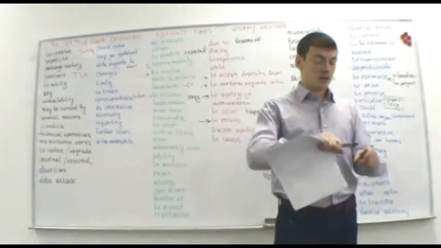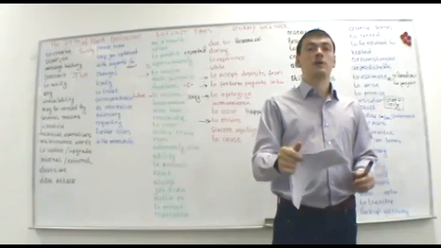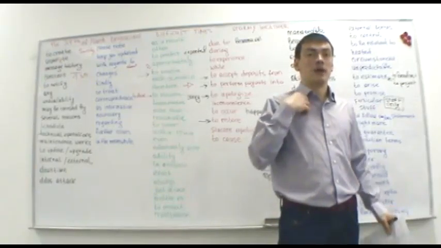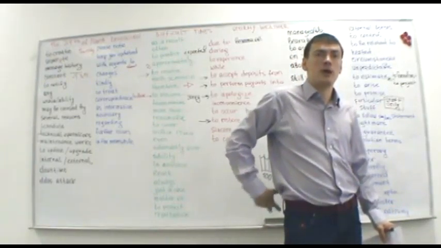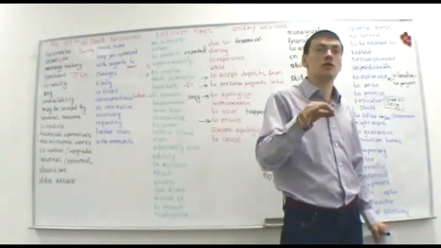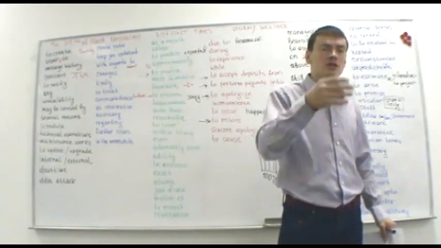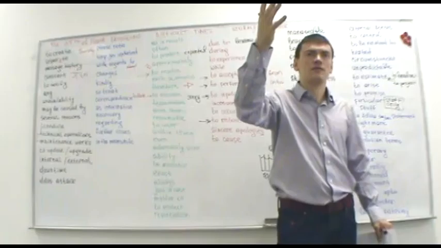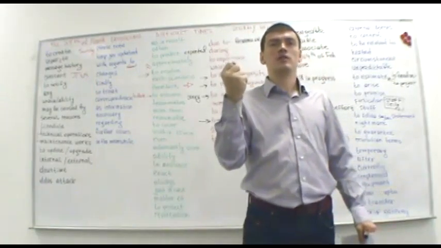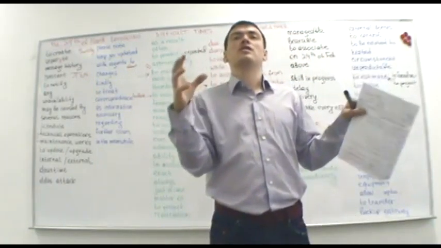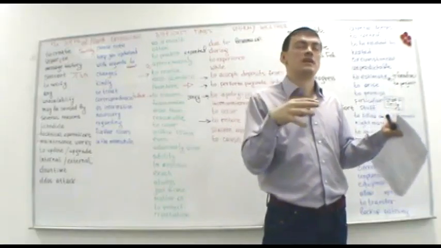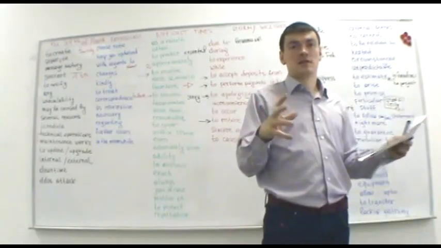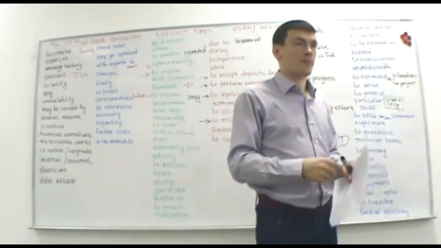For example, I forgot my stuff at home. It means your backpack with your notebook, with your pens, with everything that belongs to you and is necessary for you today. Stuff means when you generalize the things.